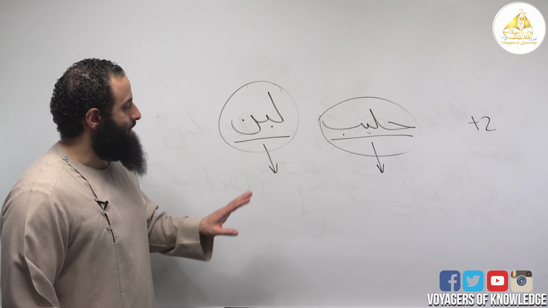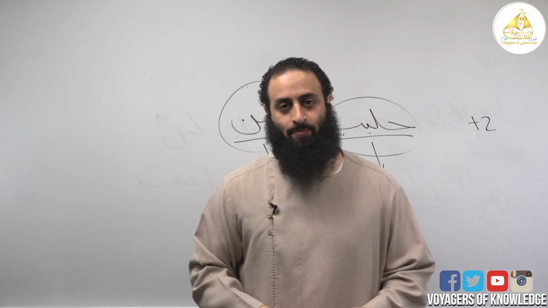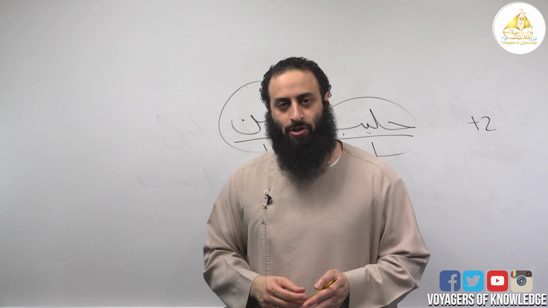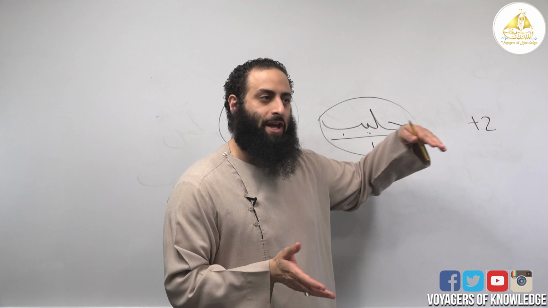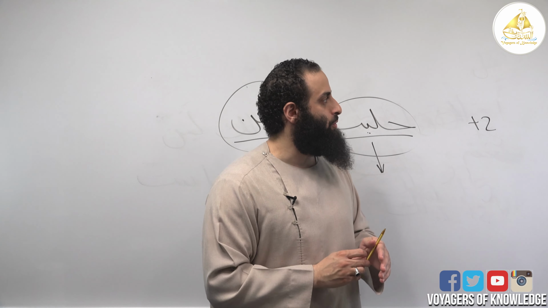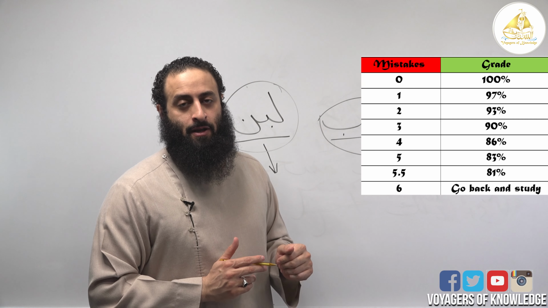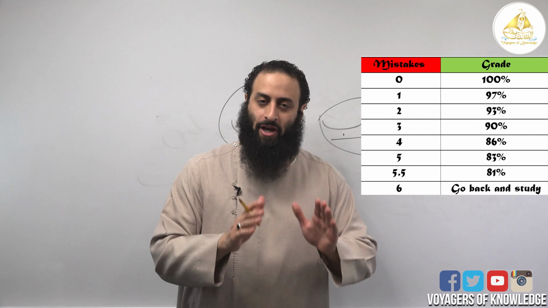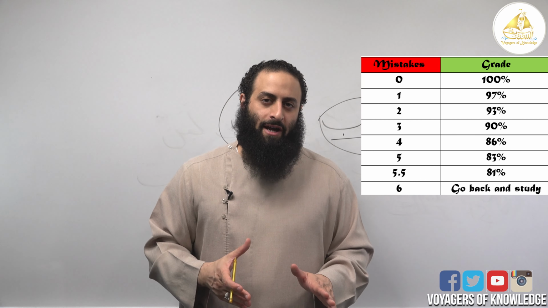Now, this is the test. The test was out of 29 questions. Total, it was out of 29 questions. So go ahead and grade yourself. If you had the extra credit at the end, you can add 2 more points. What we would like is that you get 80%. This is like the bare minimum. If you can't get 80% on this test, go back and read, go back and practice them.